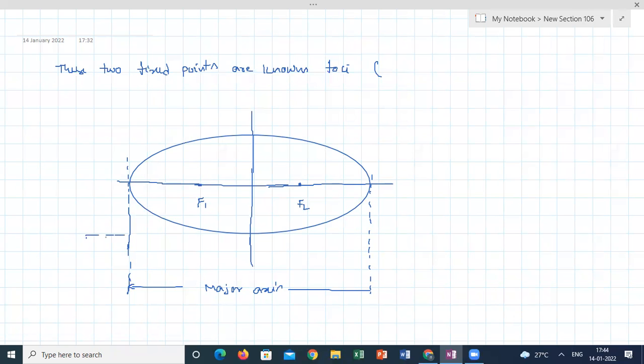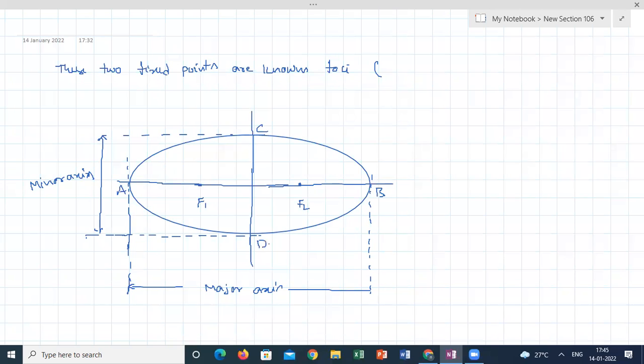And the line perpendicular at the midpoint of both the foci is called the minor axis. Suppose here AB is called the major axis and the distance AB is known as the length of the major axis, and CD is known as the minor axis.